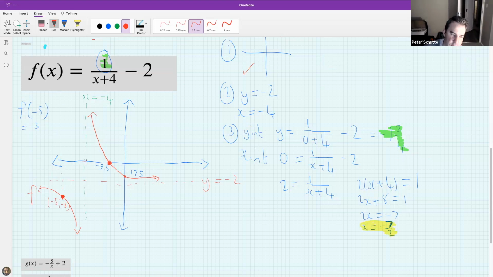So I just put a value in that's to the left of minus 4. I could have chosen minus 5. I could have chosen minus 6. As long as I choose an x value from down here, I will get a point on the graph over here. Okay, don't worry, I'll go over that in the next lesson.